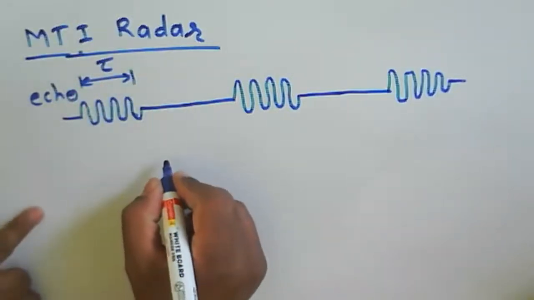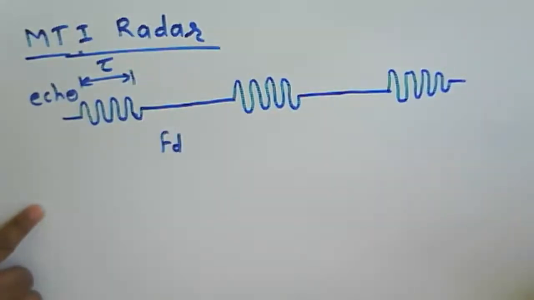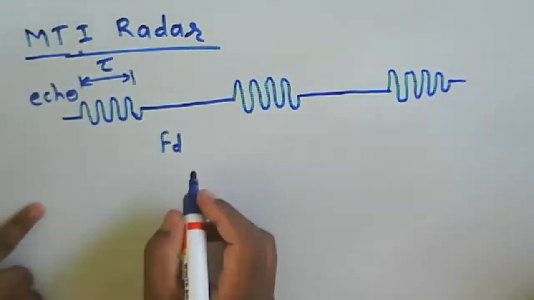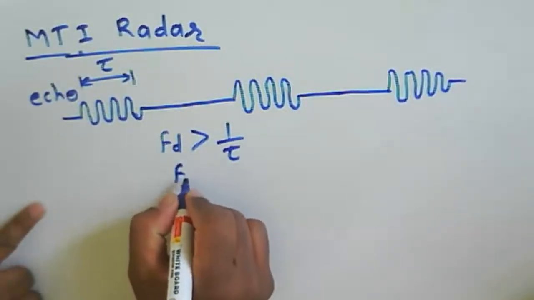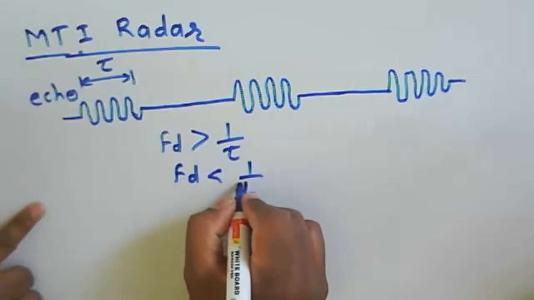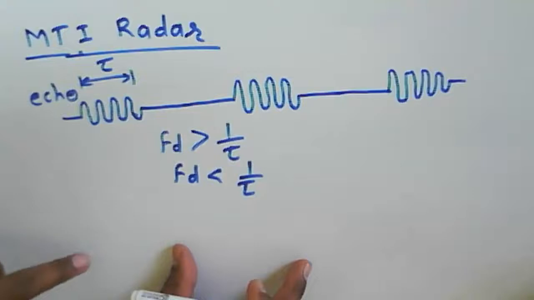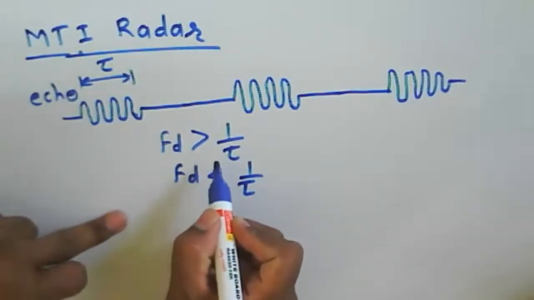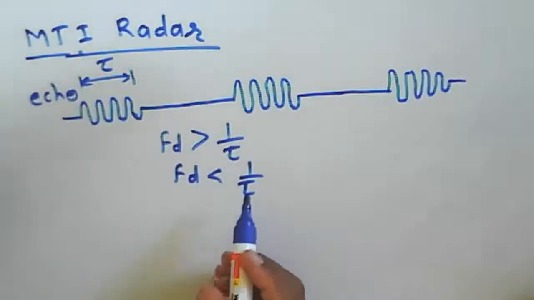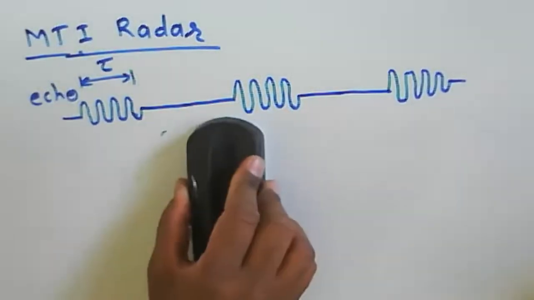And we said earlier that we have to talk about whether fd is greater than 1 by tau, or fd is less than 1 by 2 tau. Based on this we are supposed to identify what signal is to be detected and displayed on the receiver display device.